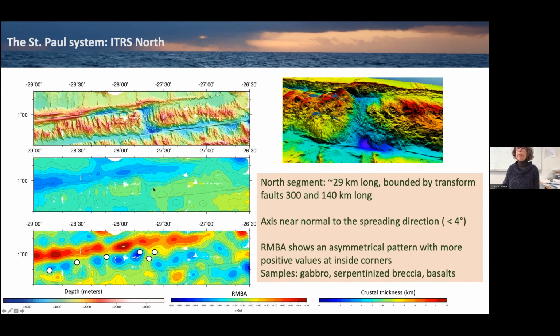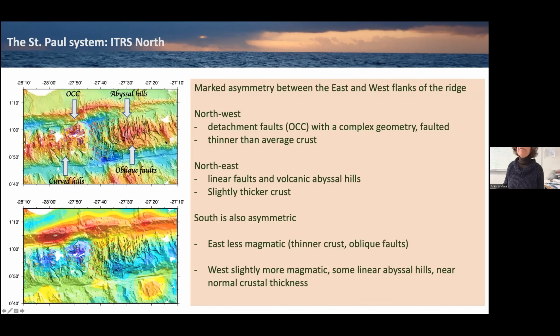And the samples here show gabbro, serpentinized peridotite in the north, but mostly they return basalts. And what we have here is a core complex on the west flank and volcanic abyssal hills on the east flank.